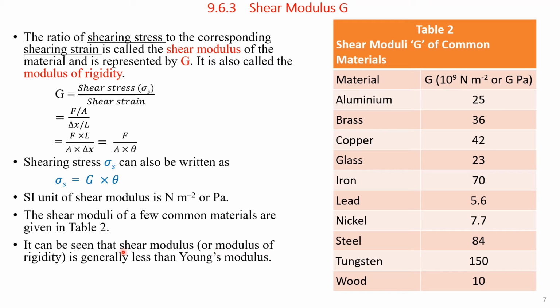It can be seen that the shear modulus or modulus of rigidity is generally less than Young's modulus. Please compare table values in table 1 and table 2 and find out yourself that shear modulus G is less than Y. For most of the materials, G is approximately Y by 3.